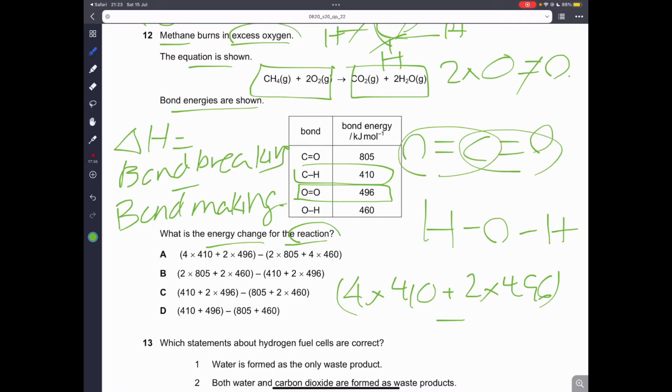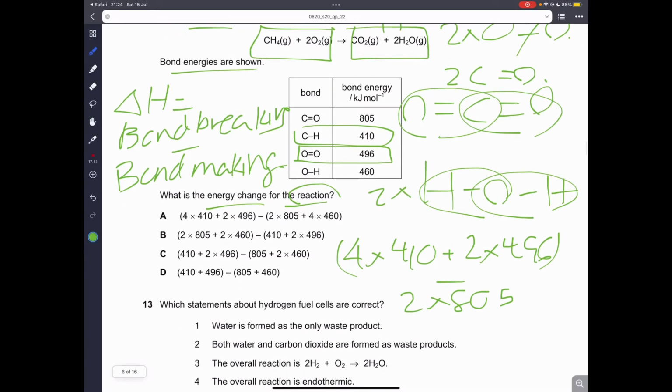There's 1, 2, so there are 2 C=O bonds, which is 805, so 2 times 805. And then since we get 2 water molecules, there are going to be 4 O-H bonds. Therefore we are going to add 4 times 460, and then if you minus them out together, you are going to get an enthalpy change.